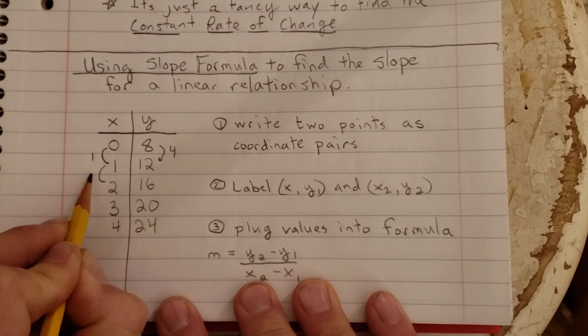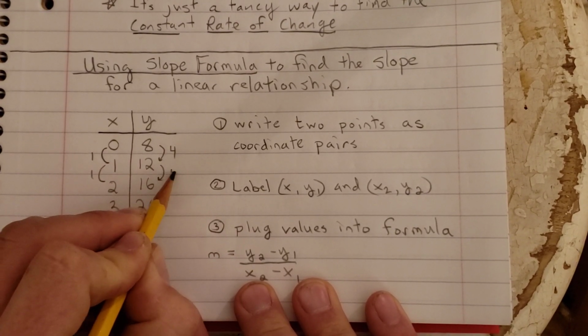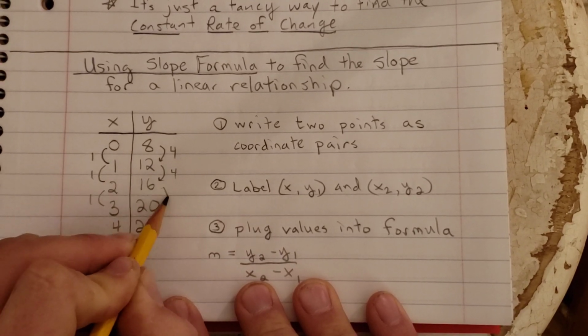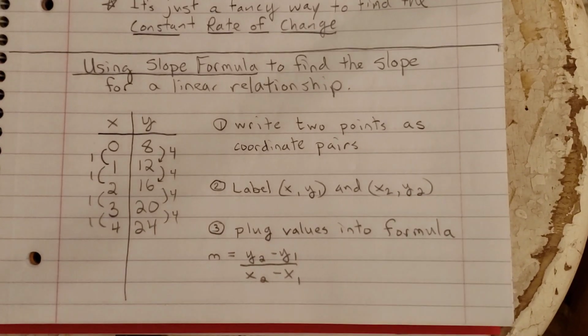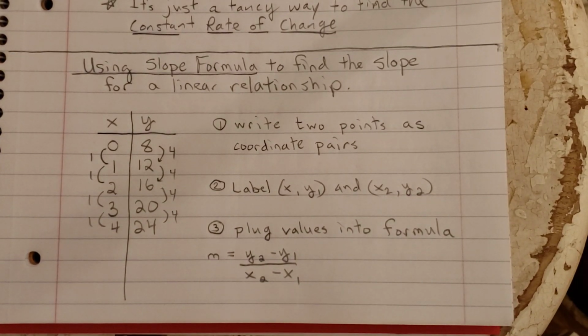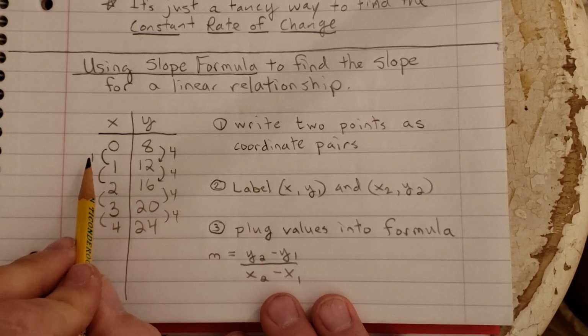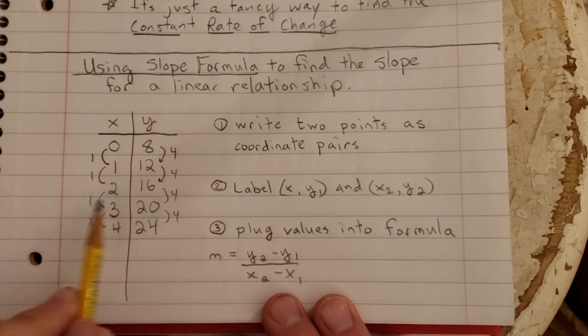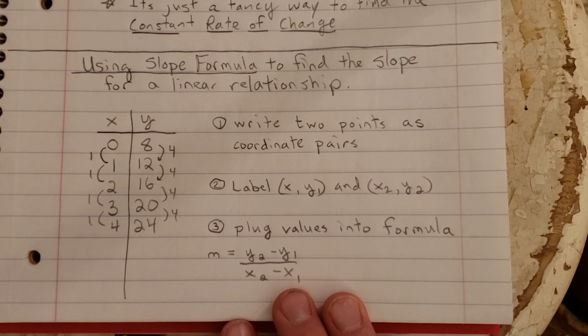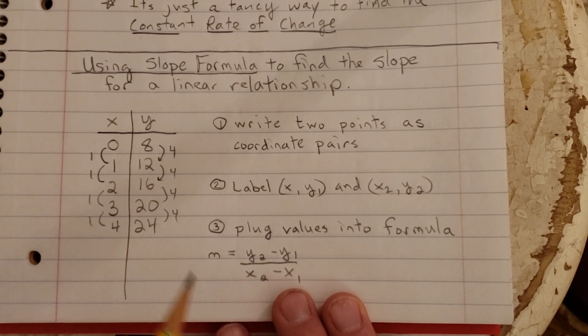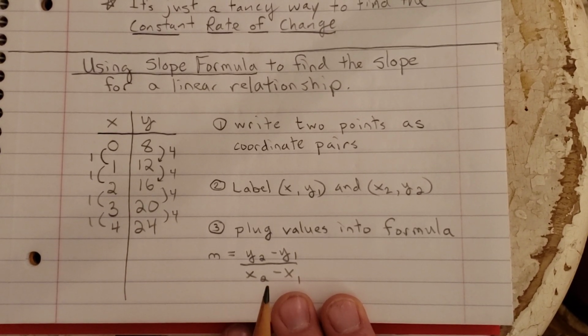Let's see if that's constant. 1, 4, 1, 4, 1, 4. Yes, it is. So the constant rate of change is a fraction, 4 over 1, and it's constant when we divide those changes. So the constant rate of change is 4. The slope is 4 because they're talking about the same thing.